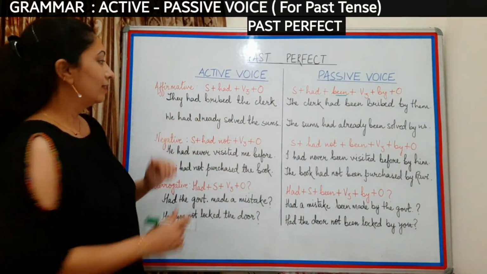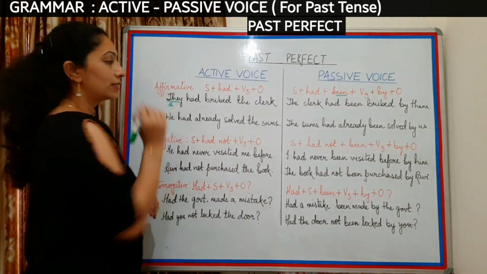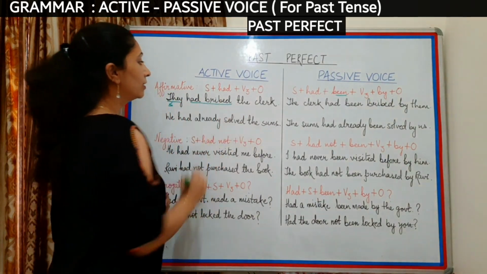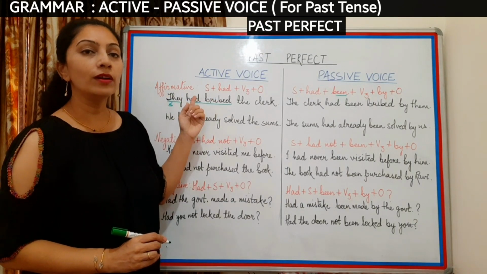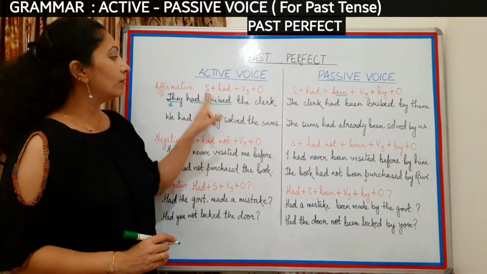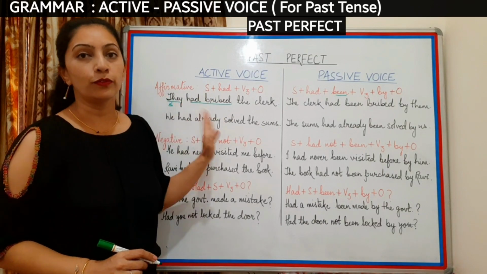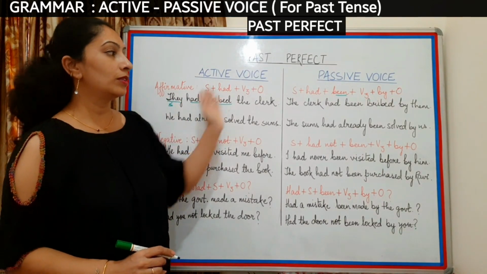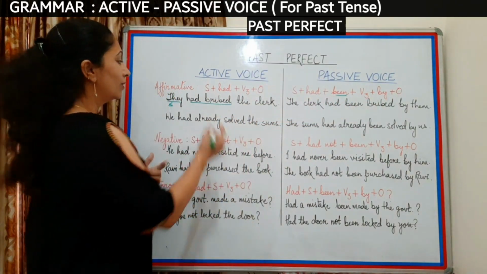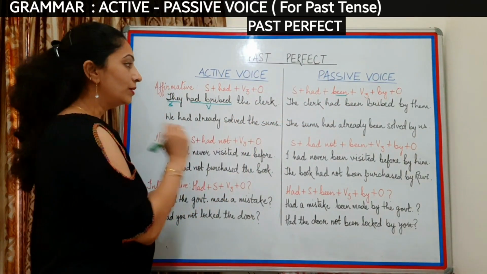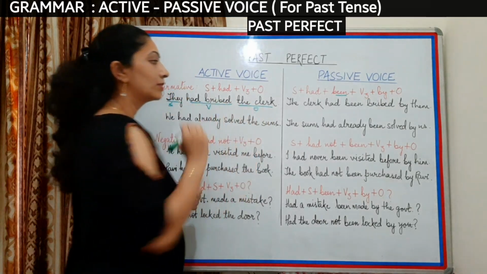So let's see here. They, which is the subject, had bribed. Also, one more thing to note here is with had or in perfect tenses, the verb will always be in V3 form. So we are also not bothered about changing the form of the verb. We can copy the verb as it is. So it is the verb here, then the clerk, which is the object.